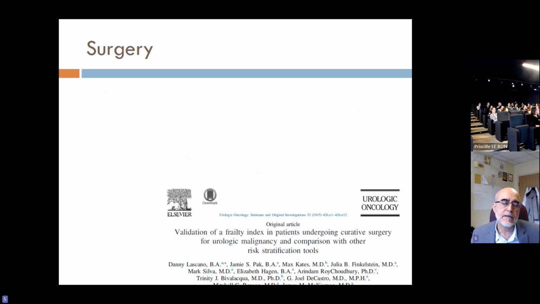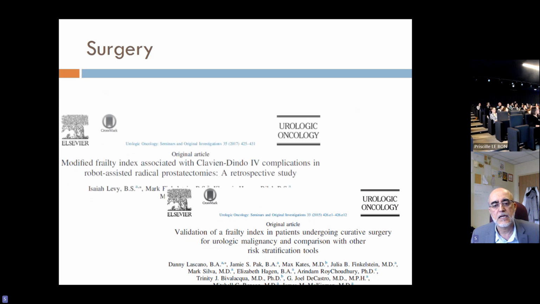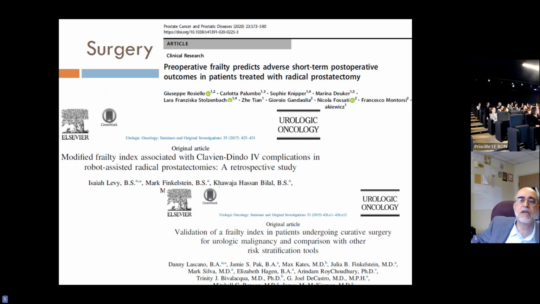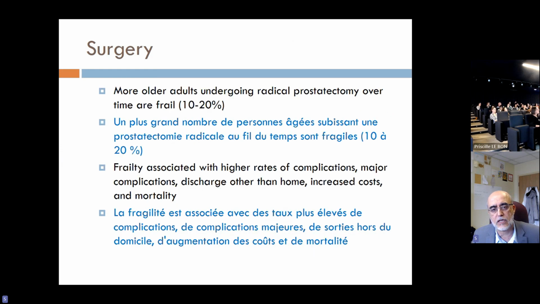There are 3 clinical studies that have been published in patients undergoing radical prostatectomy or multiple genitourinary surgical procedures, including radical prostatectomy, that have looked at frailty and the association with outcomes. At least 3 that I have found and were identified in a systematic review by Shaw and colleagues.